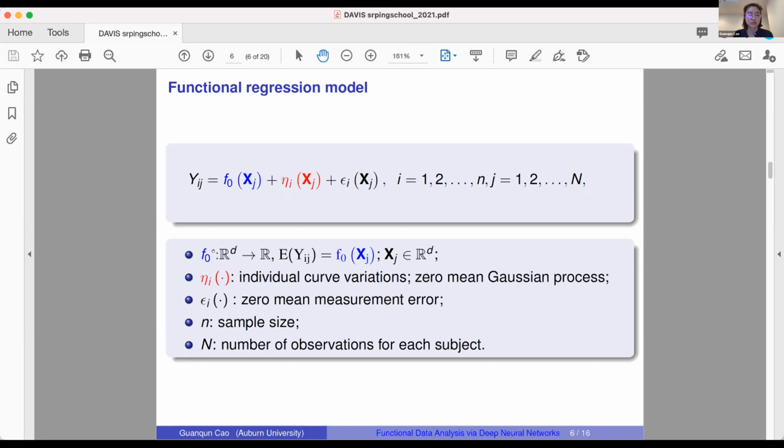F0 is a function from R^d to R, so x belongs to d dimensions. Here d can be 2, but later we can also have d equal to 3, for 3D imaging.